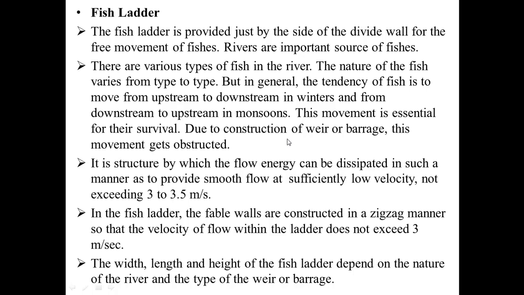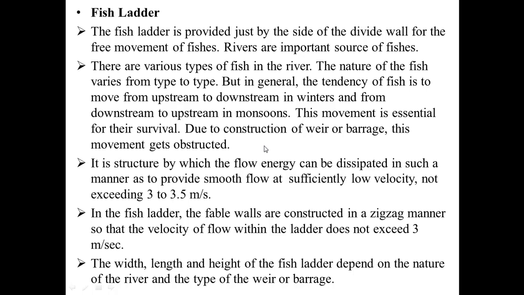It is a structure by which the flow energy can be dissipated in such a manner as to provide a smooth flow at sufficiently low velocity, not exceeding 3 to 3.5 meters per second. In rivers, water flows with very high velocity, having very high energy.